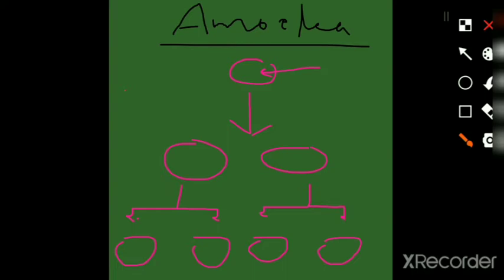So that is why amoeba and unicellular organisms are known as immortal. Except these, all the organisms present on the earth's surface are mortal.